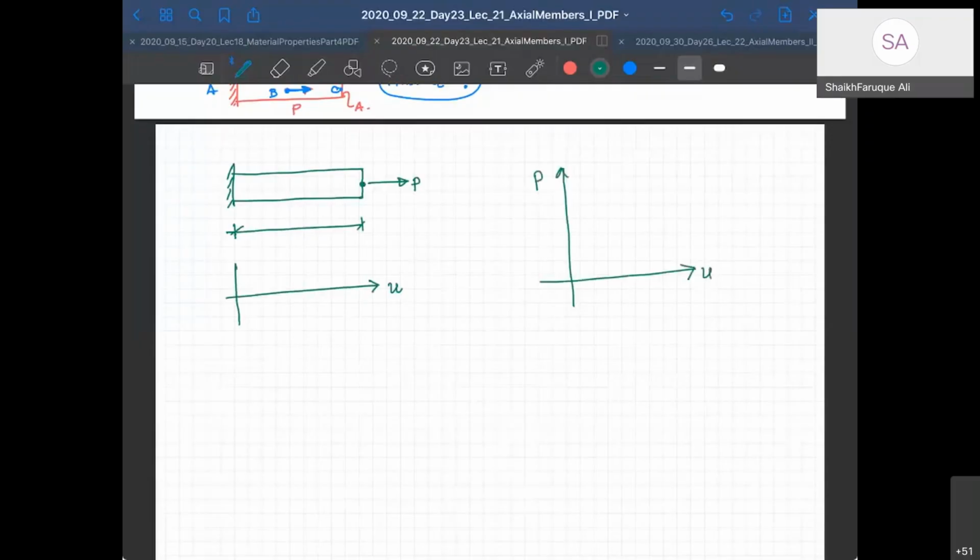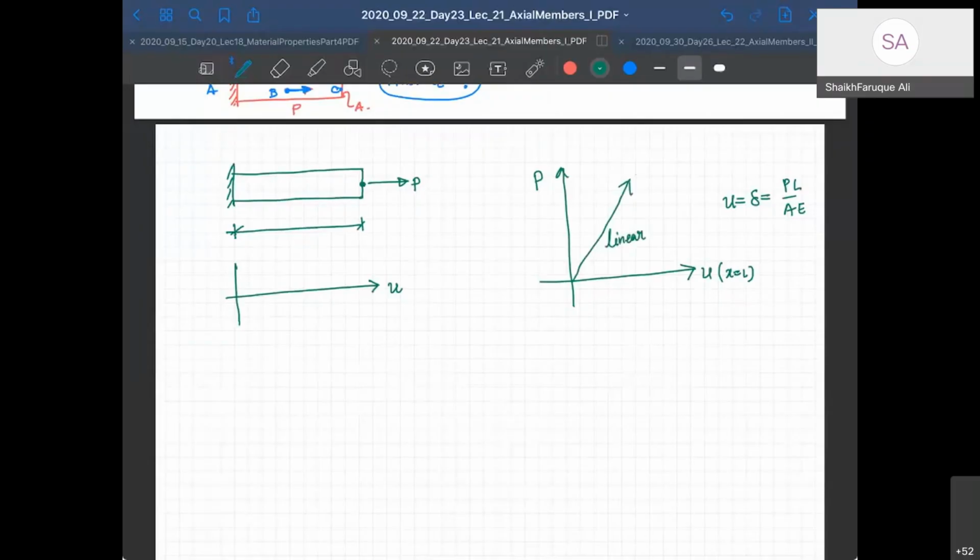We know that U equal to delta, U at L is PL by AE. Now A is constant, E is constant for the same material, L is also constant for the member. So it's going to be linear, right? Linear curve.